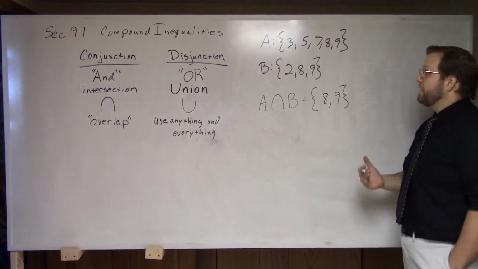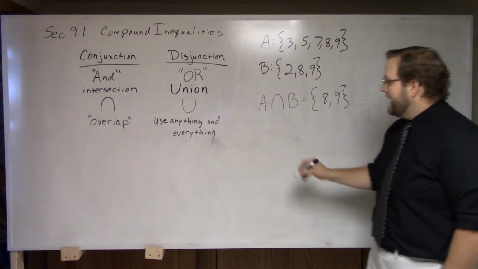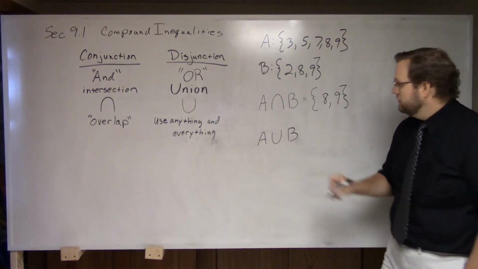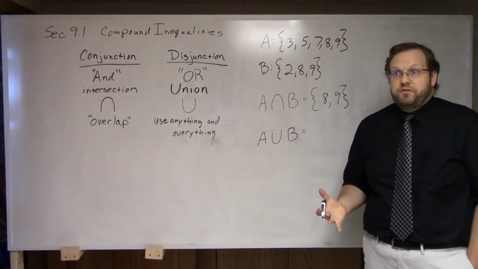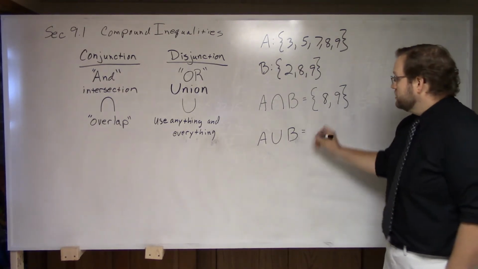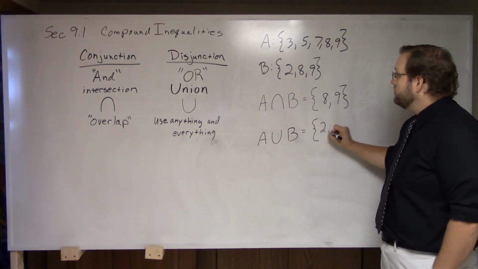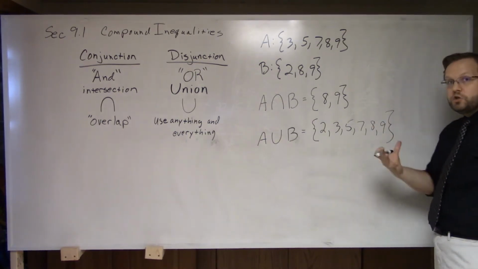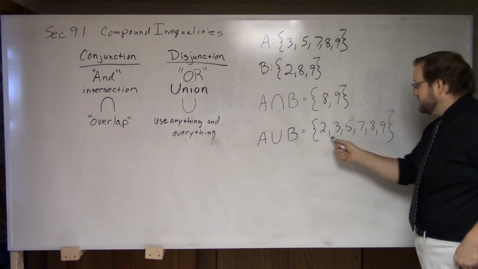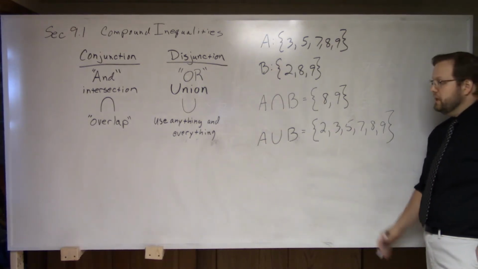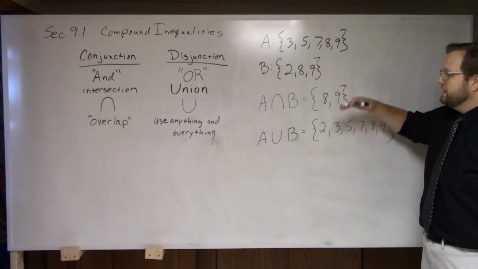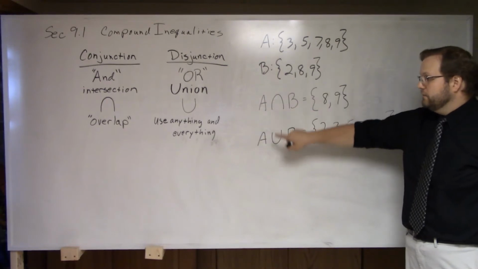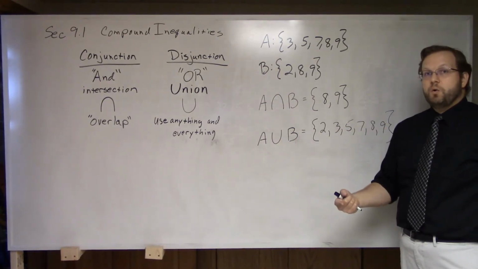Those are the numbers that are found both in A and B. Now if I switch that and I look for A union B, I'm looking for anything and everything that's in A or B. So now I'm going to use 2, 3, 5, 7, 8, 9. I unify both of those sets and I just list everything that I see. Okay? So again, I just wanted to illustrate one more time the difference between this type of a statement and this type of a statement. Okay? And versus or. Now let's go into the inequality aspect of this.